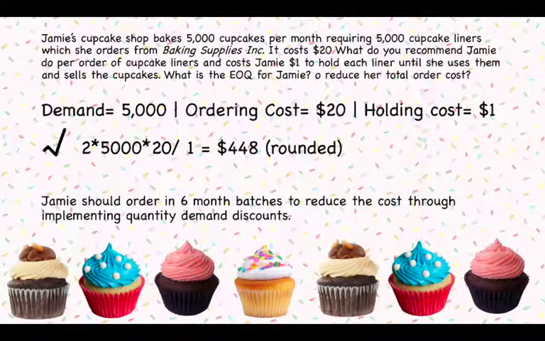This yields a rounded cost of $448. To reduce this cost, Jamie should look at ordering for more months in the future. She can find a discounted rate at 6, 12, or even 18 months. She should look into getting her service fee waived and saving money based on this.